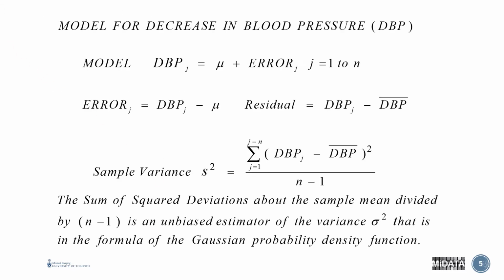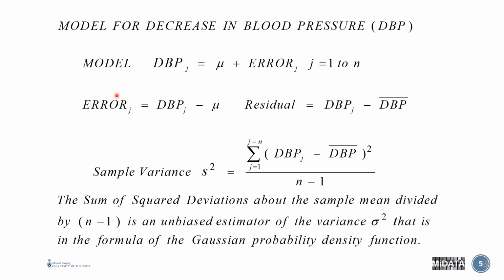Let's look a little closer at this least squares estimate of k. So in this model, we are still predicting the decrease in blood pressure. We have chosen our constant k to be the mean of the population for the decrease in blood pressure. Inevitably, since this is a constant, there's going to be some error associated with the prediction of the dependent variable.